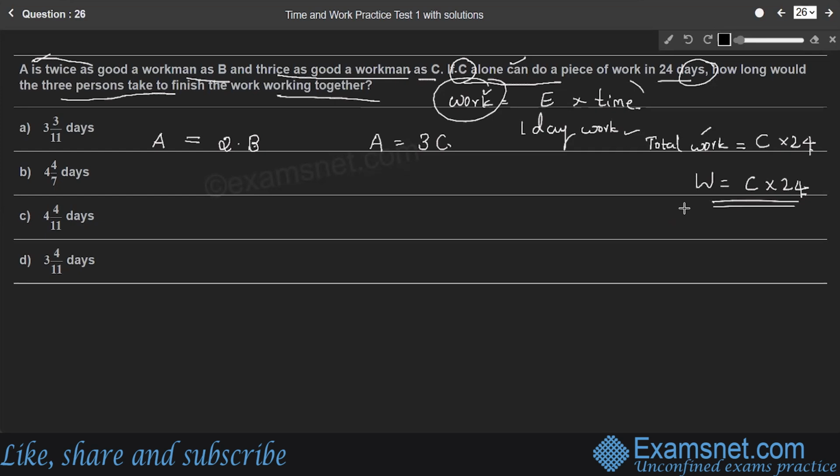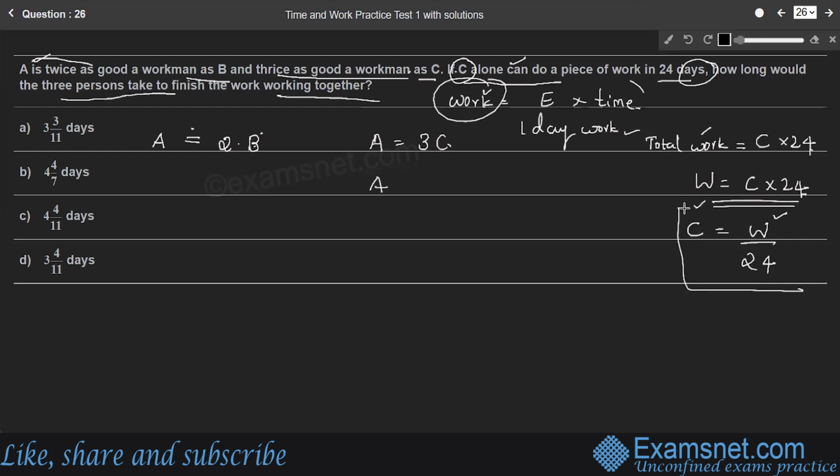Right? So here A is equal to 2B, whereas A is equal to 3C. What is the value of C? The efficiency of C is equal to W by 24. So total work divided by number of days gives the efficiency of C. Right? Therefore, C is equal to W by 24.